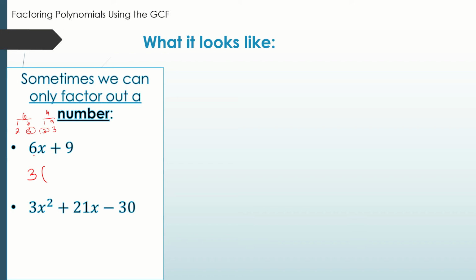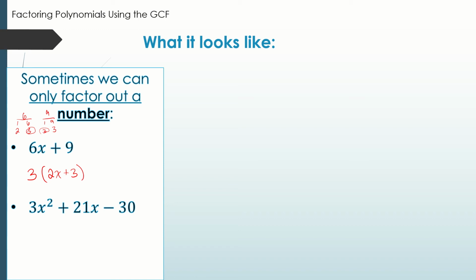So I'm going to take this term, 6x, divide it by 3. 6 divided by 3 gives me 2, and there was nothing to change the x. So 6x divided by 3 leaves me with 2x. And then I also need to divide that 3 out of the 9. 9 divided by 3 is positive 3. Close my parenthesis. This is the factored answer.